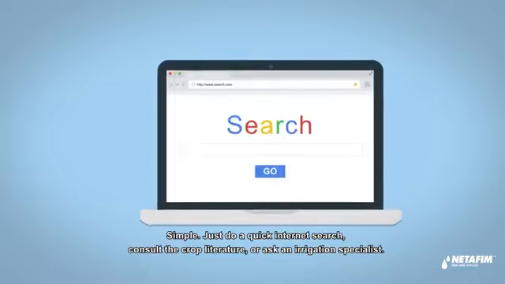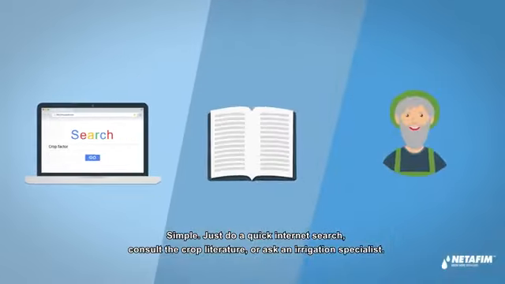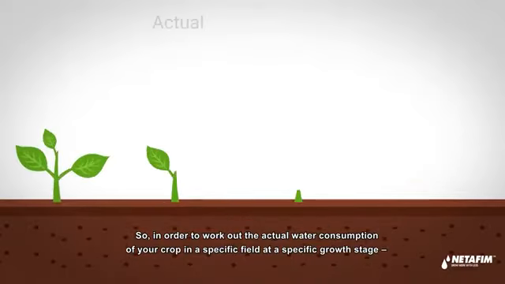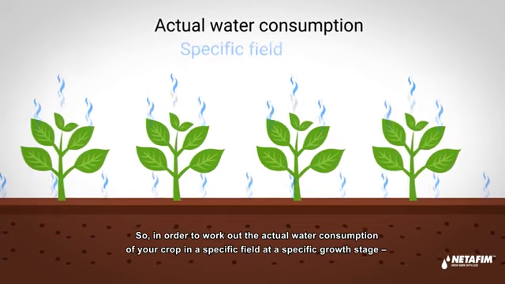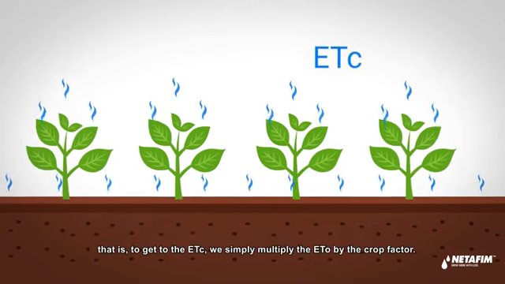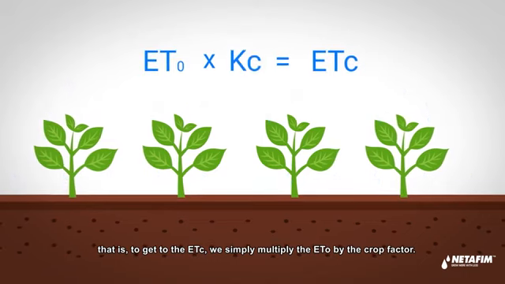Simple. Just do a quick internet search, consult the crop literature, or ask an irrigation specialist. So in order to work out the actual water consumption of your crop in a specific field at a specific growth stage, that is, to get the ETC, we simply multiply the ETO by the crop factor.